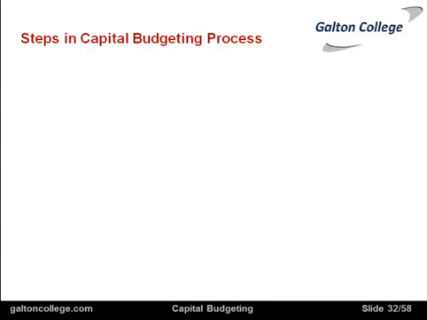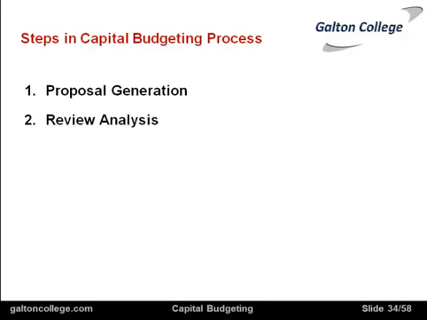Steps in the capital budgeting process. Well, first of all, you've got to propose what the investment will be. You've got to review and analyse the current situation to see if it's a good idea and see what is available. You have got to go through a decision-making process, bringing the analysis under scrutiny by management and by all the stakeholders who are involved in the business.